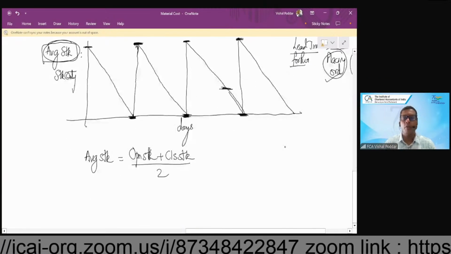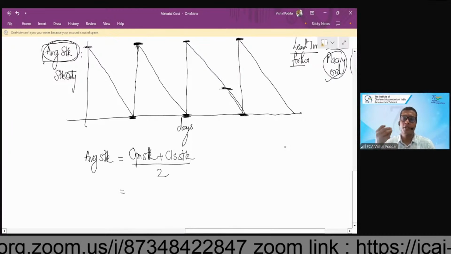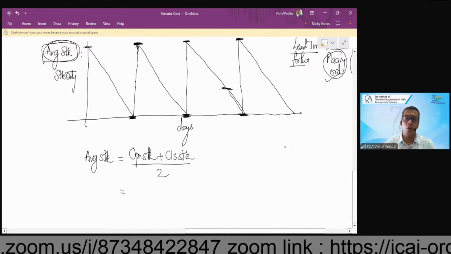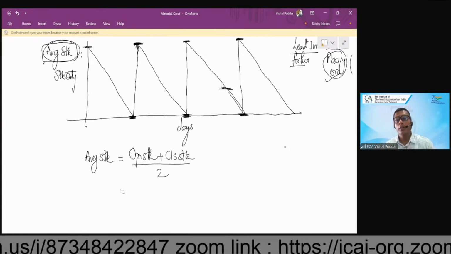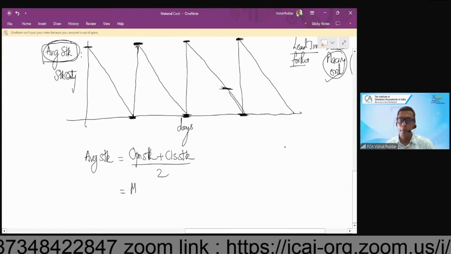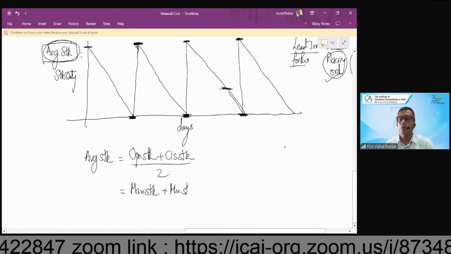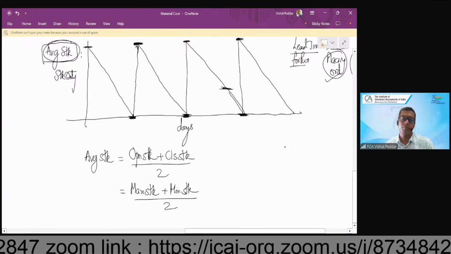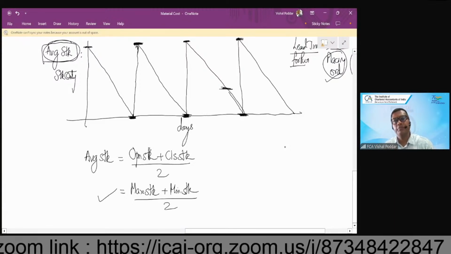Or another childhood formula, you are still a child, at least in this subject. Another formula for average stock is maximum stock plus minimum stock upon 2. We are using this formula here.